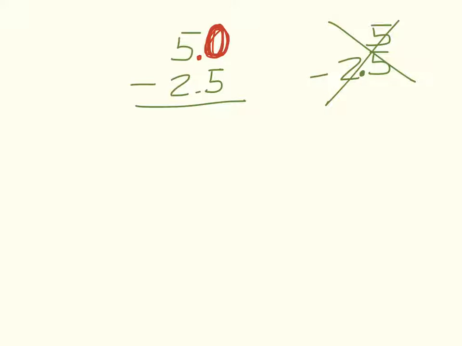I can now do my problem and say 10 minus 5 is 5. 4 minus 2 is 2. My decimal comes straight down. Voila. Again, I know you knew how to do that one in your head, but I wanted you to see it laid out because that is subtracting decimals using zeros.